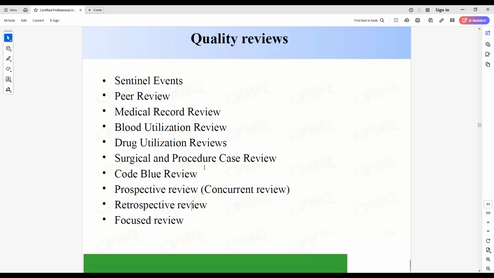When you are doing the actual compressions, it's immediately telling you to increase the depth, increase the speed, or reduce the speed. That's a concurrent review. It's actually telling you about your care while you are providing it.